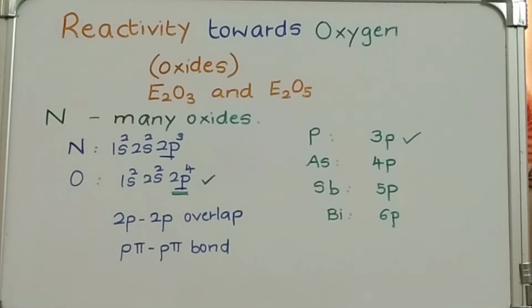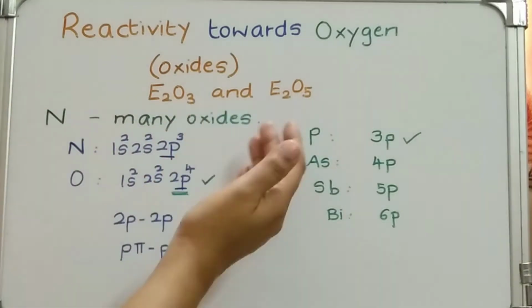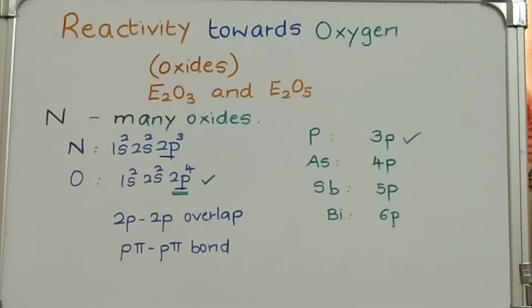Because of this, as we go down the group, the oxide formation also decreases. That is the reason nitrogen forms many types of oxides than other elements of the group. Hope it is clear to you.